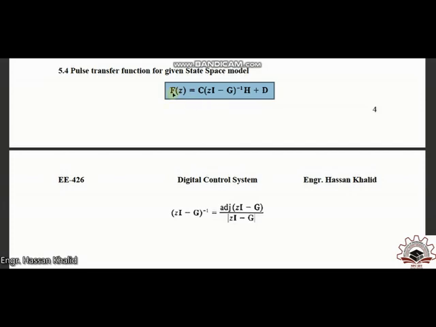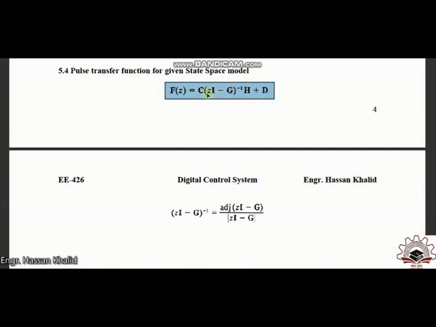Here we have F of z equal to the C matrix, same as in the continuous domain, times (zI minus G) inverse, because the system has been transformed into a discrete time system. So s has been replaced with z, and the A matrix has been replaced with the system matrix G, with the inverse of (zI minus G) multiplied by H, which is the input matrix, plus the feed forward matrix D.